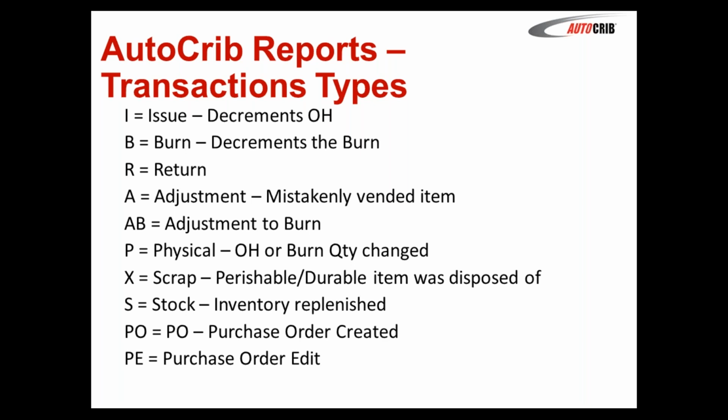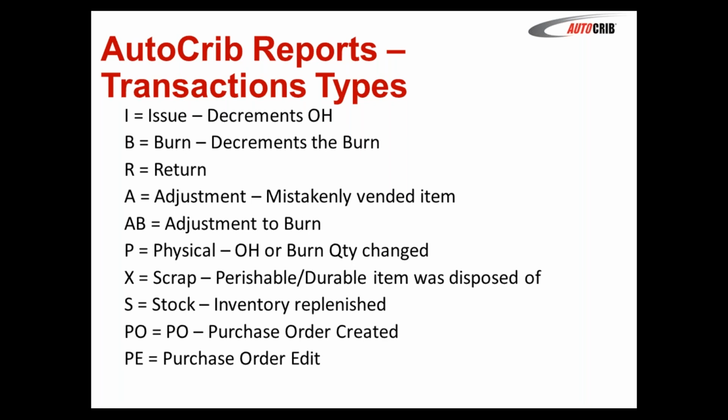The A-B transaction is adjustment to burn. This occurs when the item was returned to the machine because it was mistakenly vended, and the issue transaction is canceled, and in this case it will increment the burn quantity.